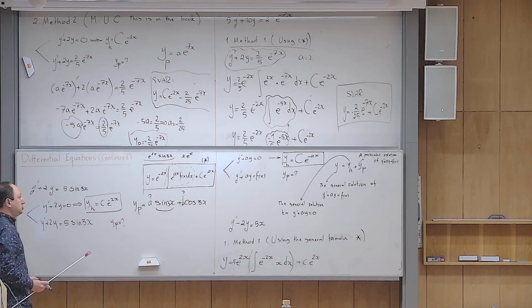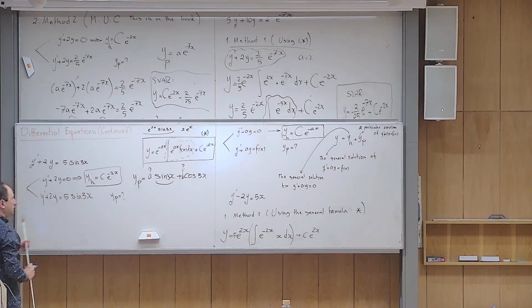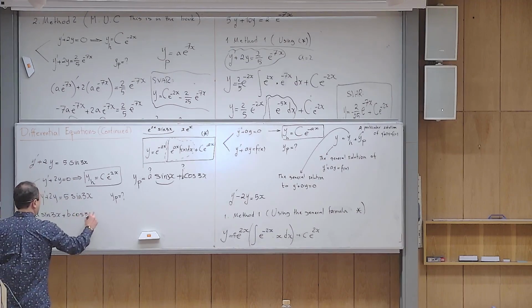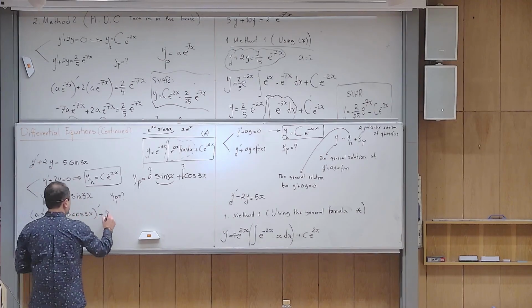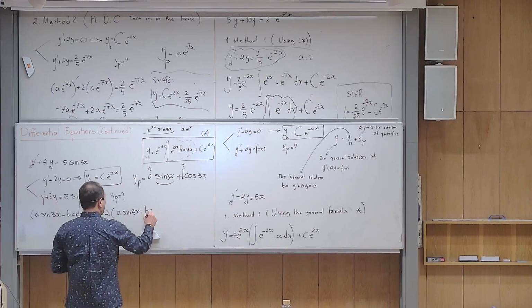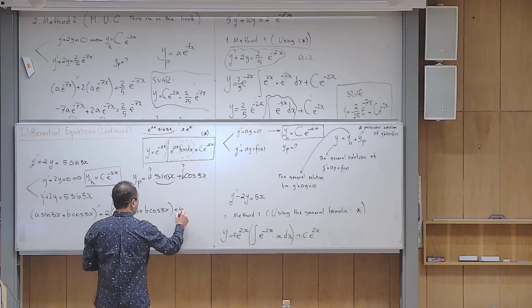The method of undetermined coefficients. So now everything is ready. So let us just try to put it here. So this becomes (A sine 3x plus B cosine 3x) prime, plus 2 times (A sine 3x plus B cosine 3x), is equal to 5 sine 3x.